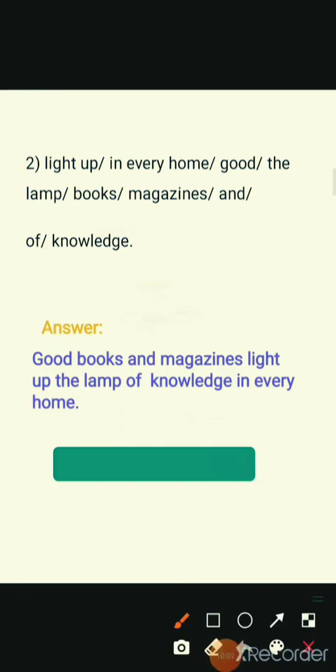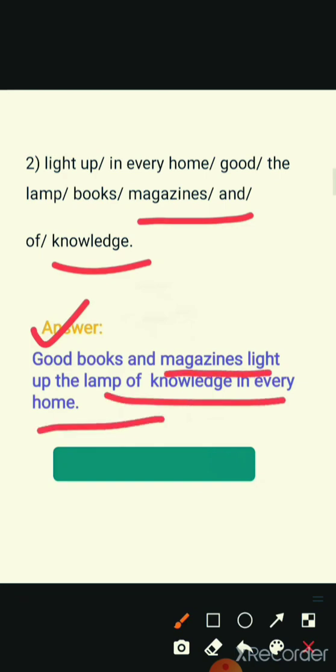Good books and magazines light up the lamp of knowledge in every home. This is the sentence which comes out after reconstructing these jumbled up words. This is a meaningful sentence.